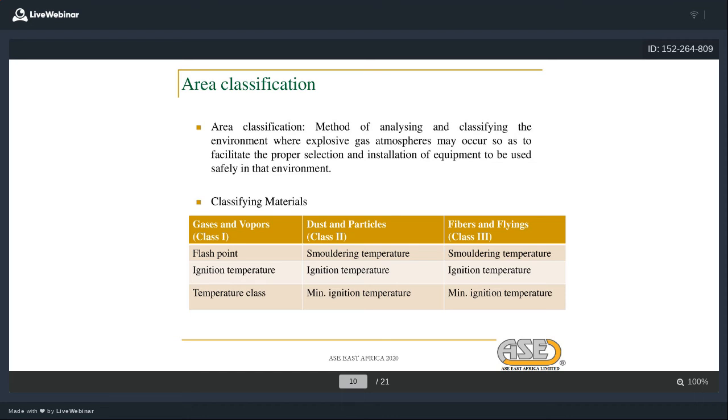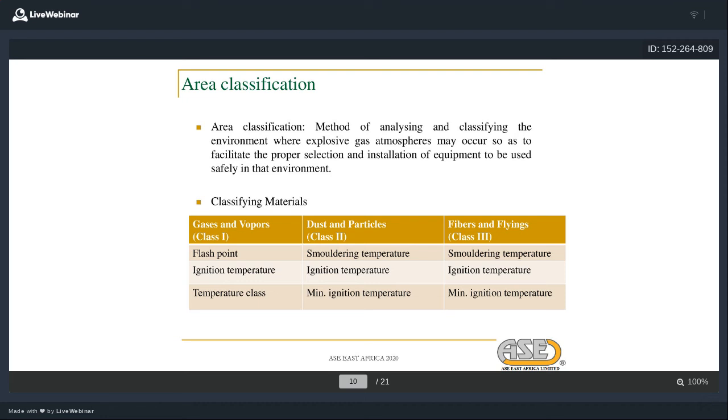On classifying areas, first of all, we classify materials. As an engineer, you have to know the type and characteristics of the material present in that area. For example, in most industries, you have to know the material present in those areas.